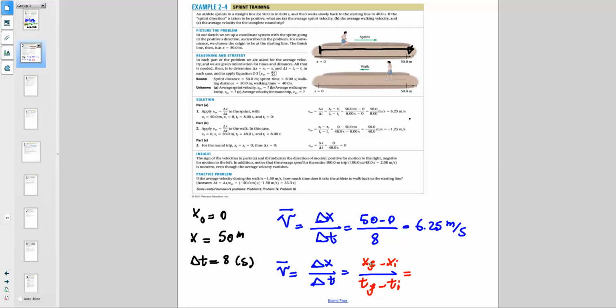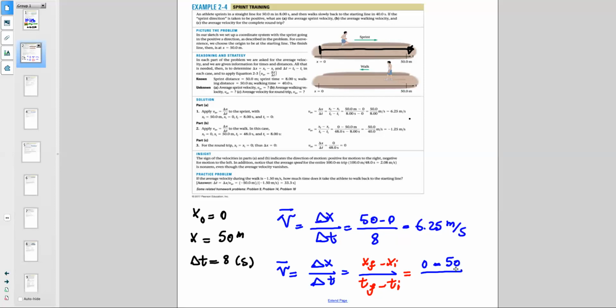Now, x final, once he's coming back, he will go back to where he started, walking. So he will go back to 0. So now 0 is the final position because eventually he will get back to where he started. And initially he was at 50.